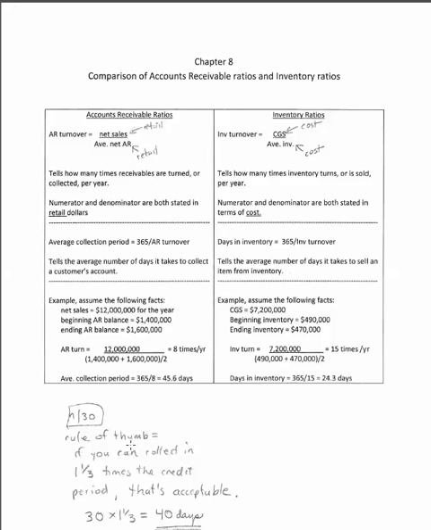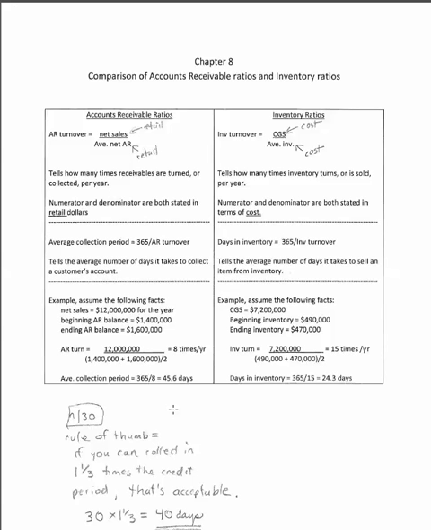So as a general rule of thumb, if you can collect in anything less than 1 1/3 times the credit period, I would consider that to be acceptable. So if your terms were net 30 and you were collecting in 40 days or less on average, I'd say that's pretty satisfactory.